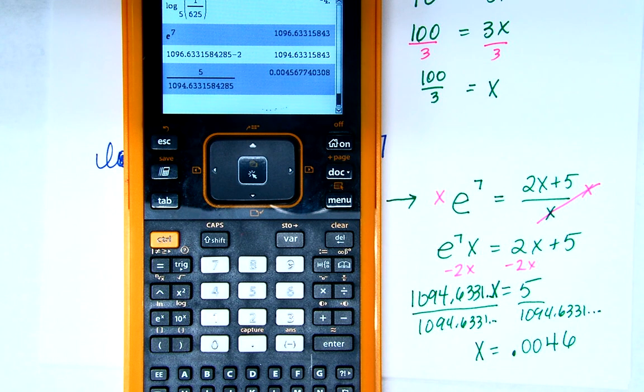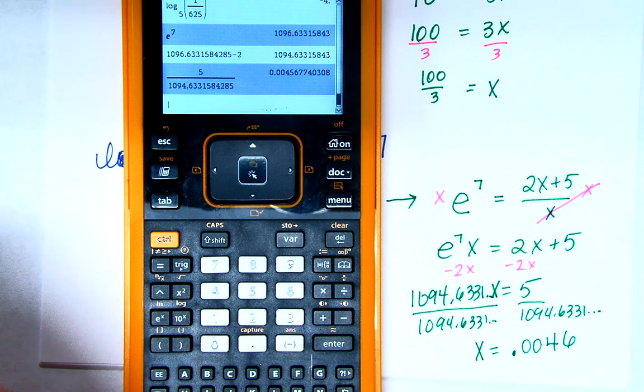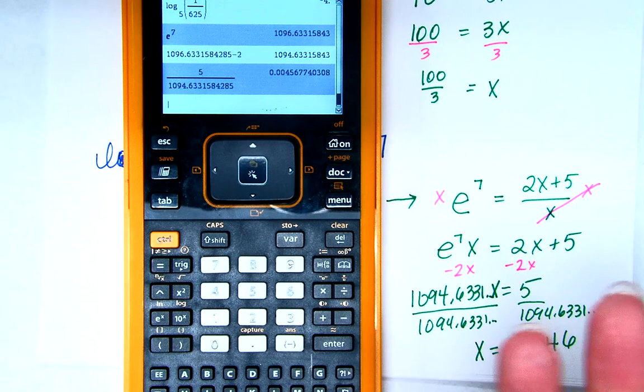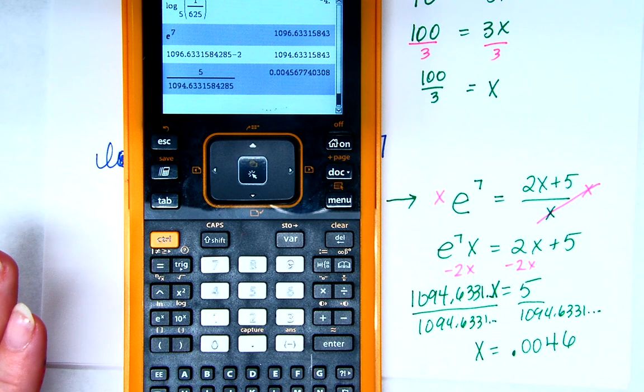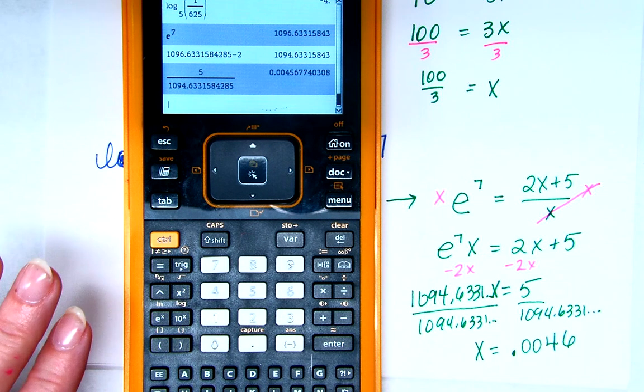Now I haven't checked all of these, have I? Are you going to check all of them? Probably a good idea. I haven't checked all of them, but is this one maybe a good idea for us to check? Because that seems a little out there as an answer, right?